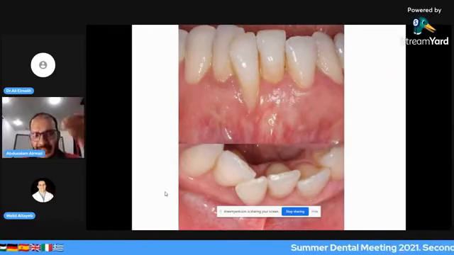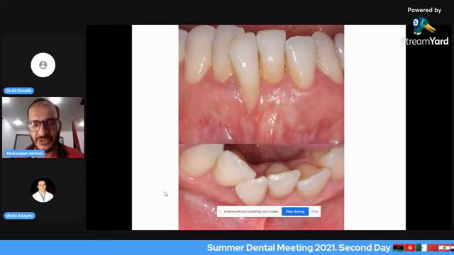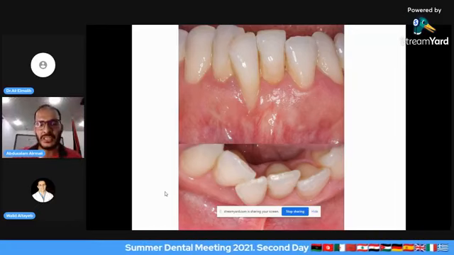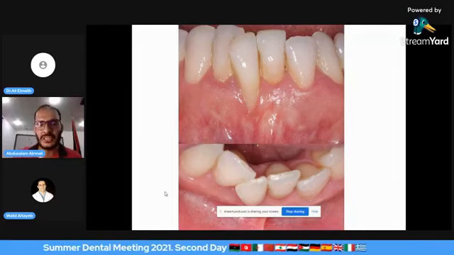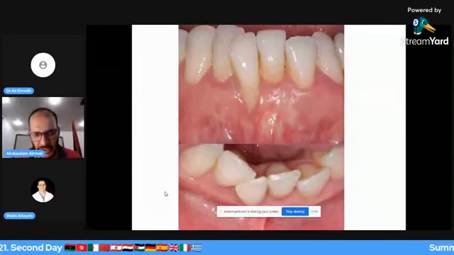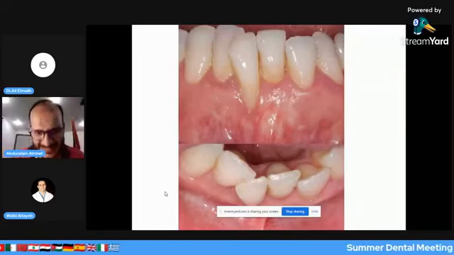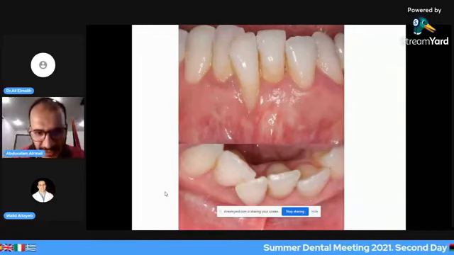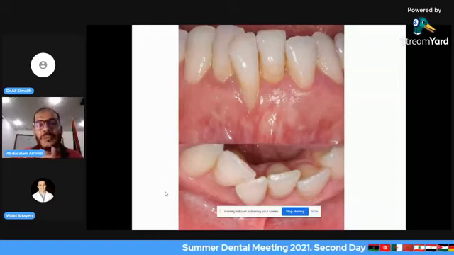So selection of the case starts with selection of the proper situation and a proper site, as we can see in this case: severe crowding, the tooth is completely outside the bone housing. If you use the free gingival graft or any kind of soft tissue, it will not succeed, because the tooth is outside the bone housing.